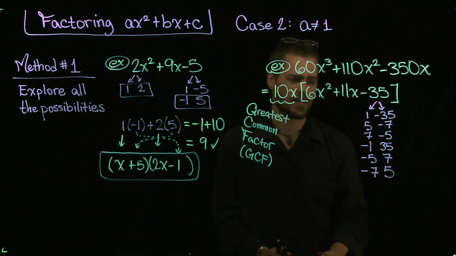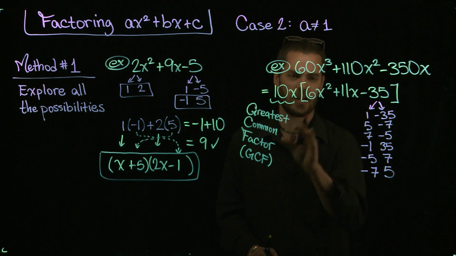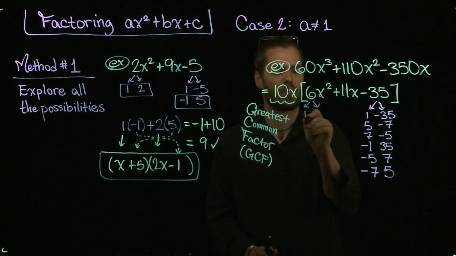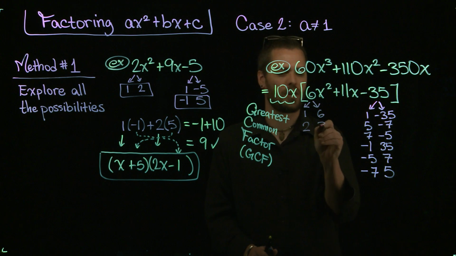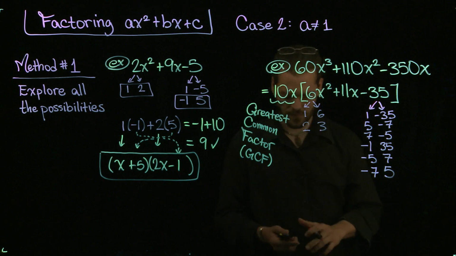That's quite a list, and this is going to produce quite a number of options, especially if there are several options for the leading coefficient. Thankfully, there are only a couple, 1 and 6, 2 and 3. I don't need to explore the negative options because I've already done it over here.